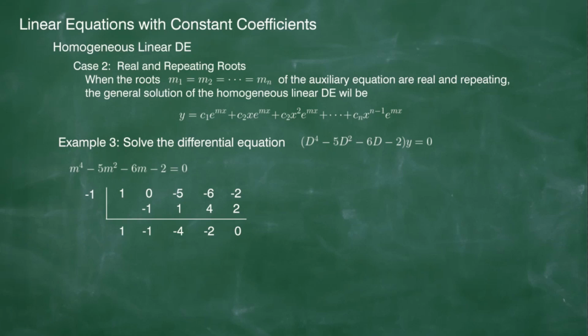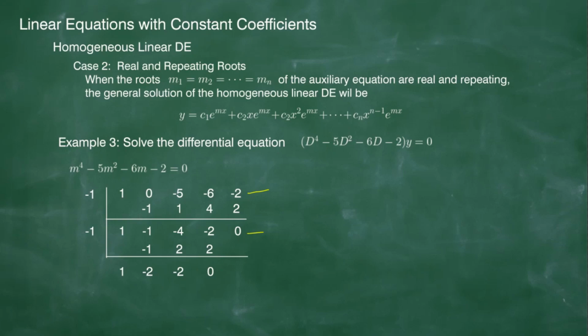So if this is m to the fourth, or fourth degree, this is the third degree, so we'll still need to continue. Let's try again negative 1. Bring down 1, times negative 1 is negative 1, plus negative 1 is negative 2, times negative 1 is positive 2, plus negative 4 is negative 2, times negative 1, positive 2, plus negative 2 is 0.